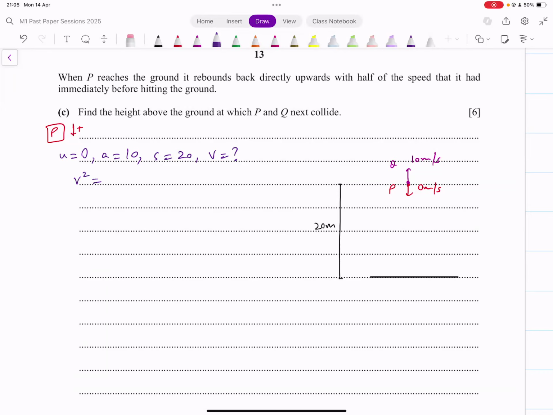And we have to find the final velocity at which it hits the ground. What would that be? V square equals U square plus 2AS. Let's input values in this and see what that is. 20, right? So P hits the ground at 20 meters per second.